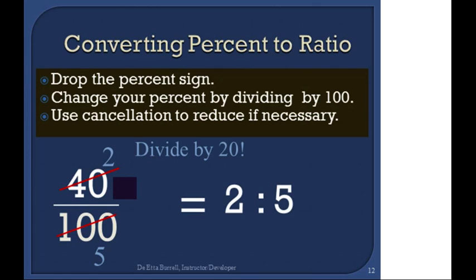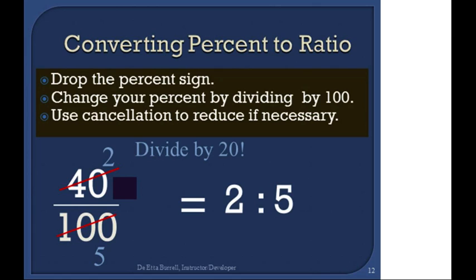Now, can I leave it as 40 over 100? No. I'm trying to make it a ratio. So what do I have to do? I have to simplify it, right? Okay, what can I simplify it by? Divide by what? I'd make it a little higher. 10. Well, what's 2 times 10? 20. So let's use 20. So 20 goes into 100 5 times, and 20 goes into 40 2 times.